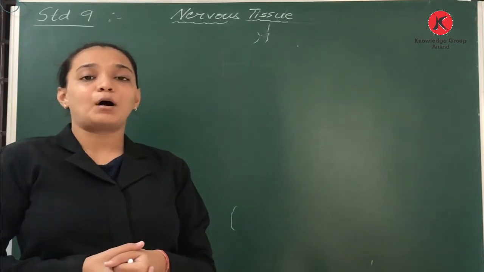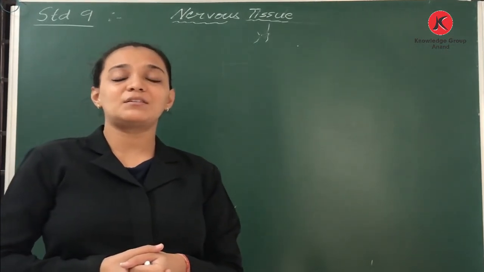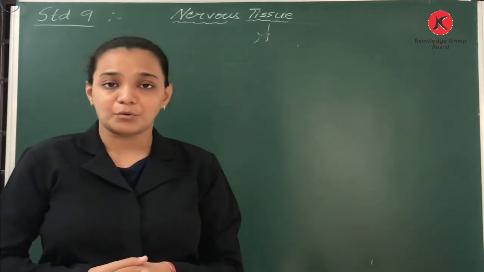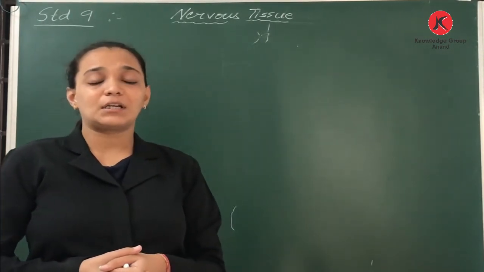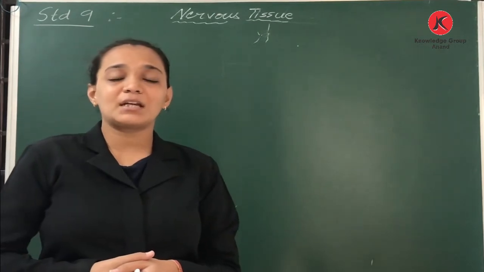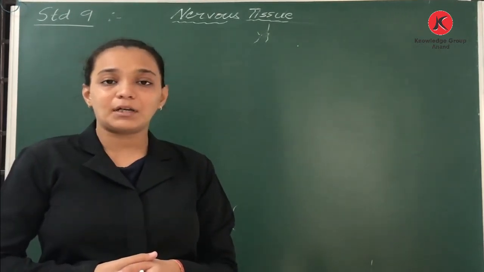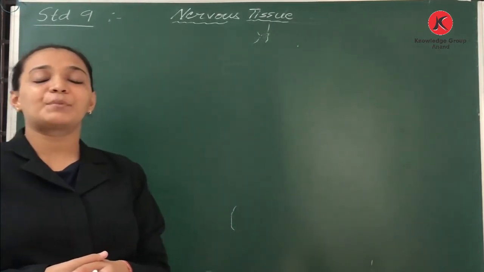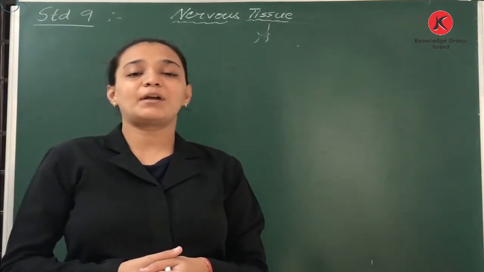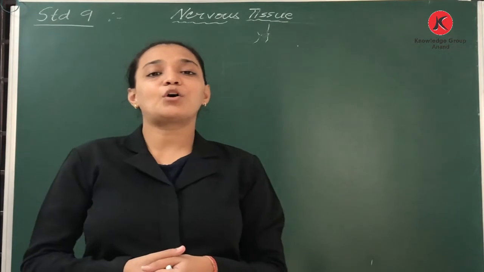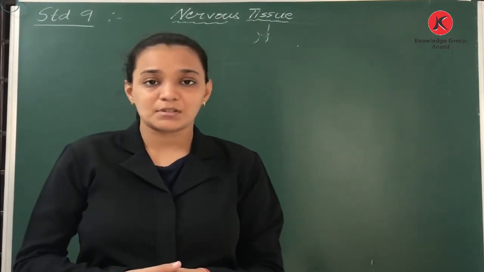We have discussed the differences between these types of muscular tissue, whether they are voluntary, whether they are involuntary, are they uninucleated or multinucleated, whether they have the presence of striations or not. All these things were discussed by us in the topic of muscular tissues.